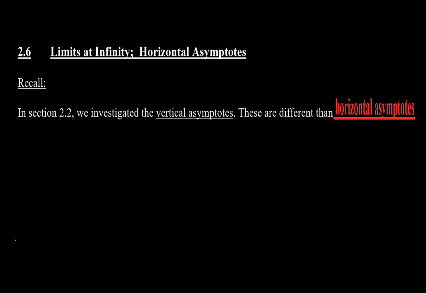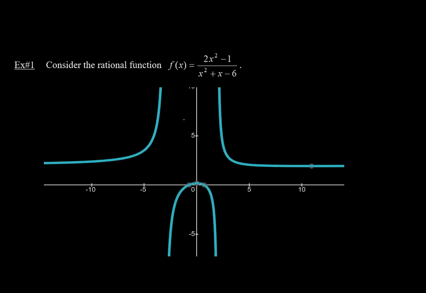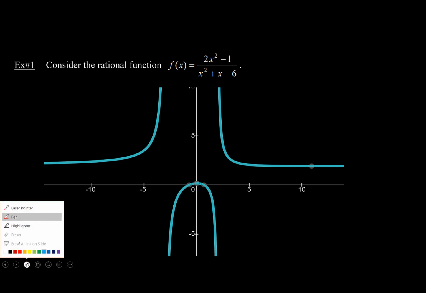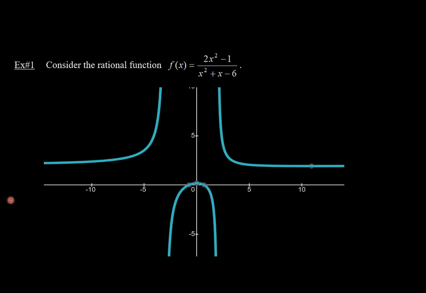Section 2.6. In 2.2, we looked at things called vertical asymptotes. And in section 2.6, we're going to look at horizontal asymptotes. For example, let's consider this rational function. This rational function right here has in the denominator a function that can be factored.